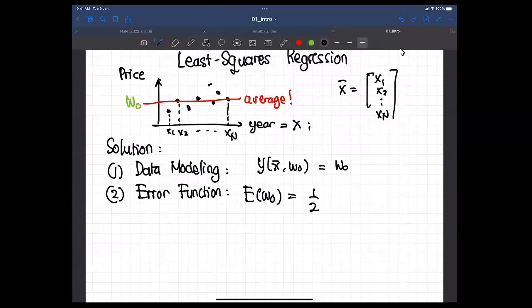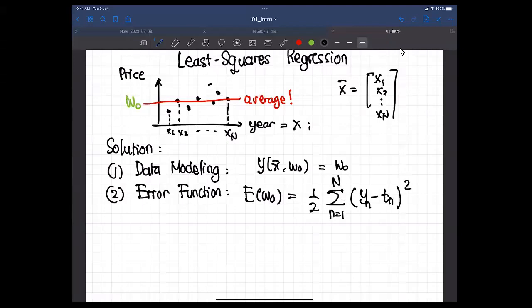We put 1 over 2, the sum over all the data from n equal to 1 until N, the number of your data, of the difference between yn, your prediction, and your actual value, the ground truth, which I put as tn. So we have yn minus tn, squared. Square means it is the L2 norm.